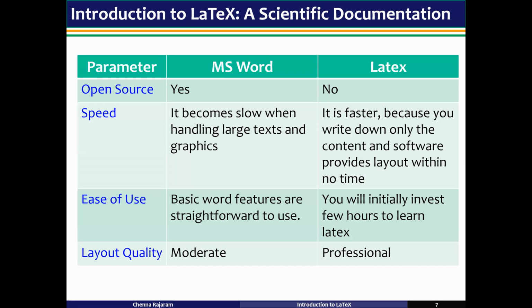You can see the differences between MS Word and LaTeX with various parameters. MS Word is open source and LaTeX is not open source. MS Word becomes very slow when handling large text and graphics, whereas LaTeX is very fast, because you write only the content and the software provides the layout within no time.